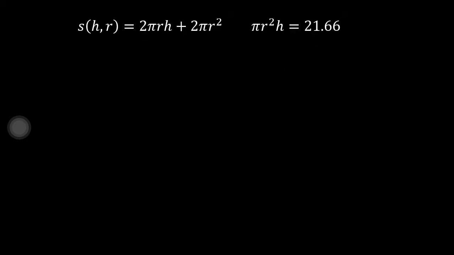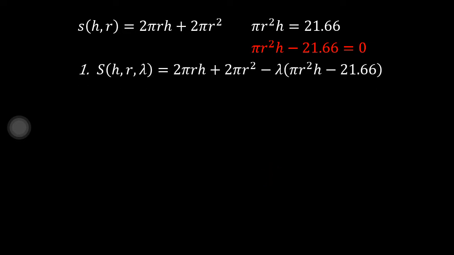So, the given is S of h and r is equal to 2 pi rh plus 2 pi r squared, subject to the volume constraint. Pi r squared h is equal to 21, or pi r squared h minus 21 is equal to 0.